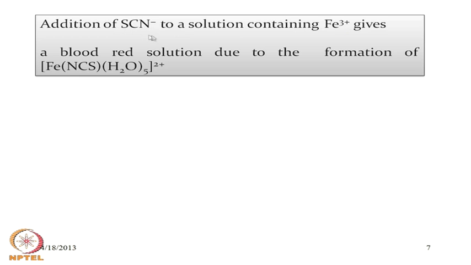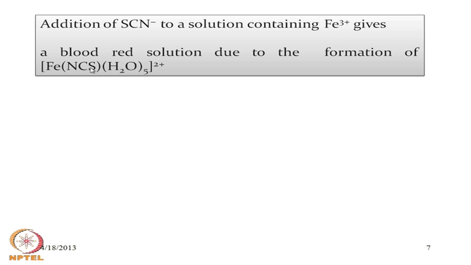So, when we add thiocyanate to the ferric ion, because the ferric ion present in water, we already know, is basically the corresponding hexaaquoferric ion, so the hexaaquoferric ion will be there, and when we add only a 1:1 stoichiometric amount of thiocyanate to the ferric ion solution, a blood red solution is developed due to the formation of this particular species, where one of the bound water molecules around iron has been substituted by thiocyanate anion.